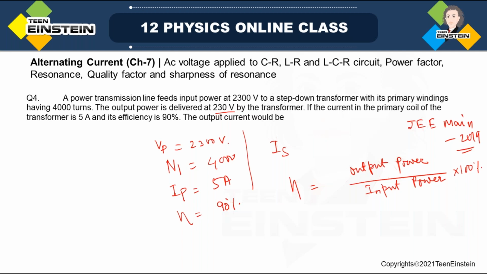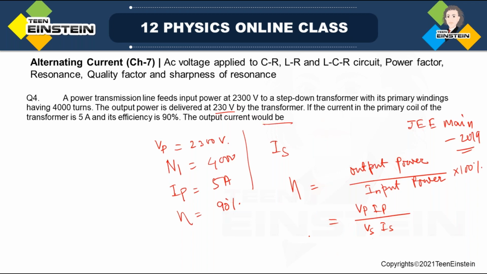The output power means power in the secondary, and input power is the power in the primary. So we can write the input power as VPIP, and the output power as VSIS. Now we have to find out the output current.